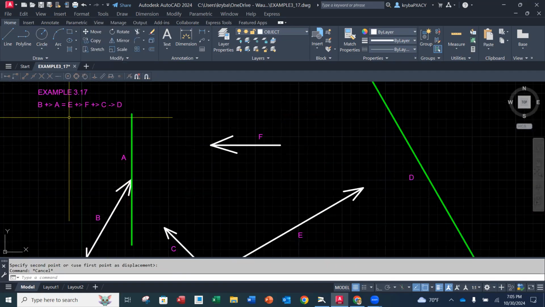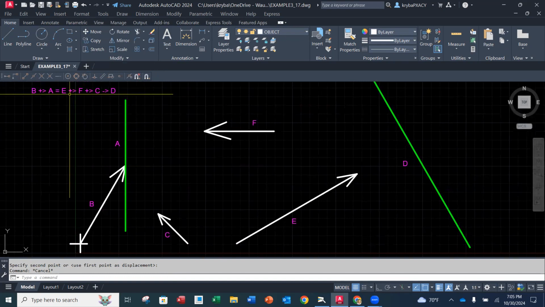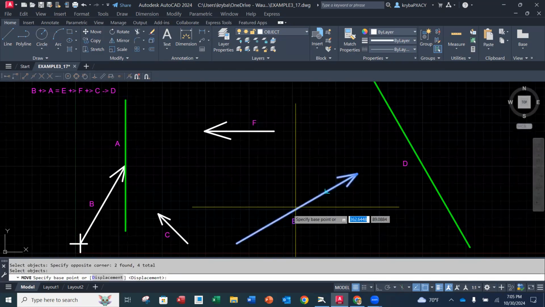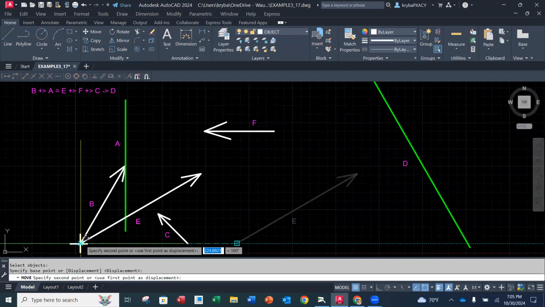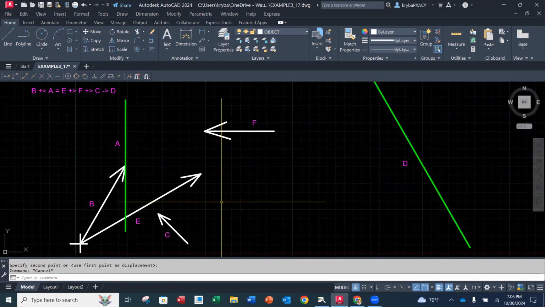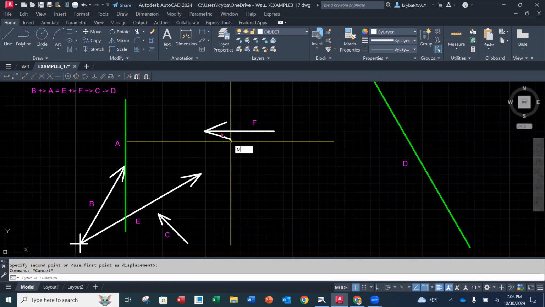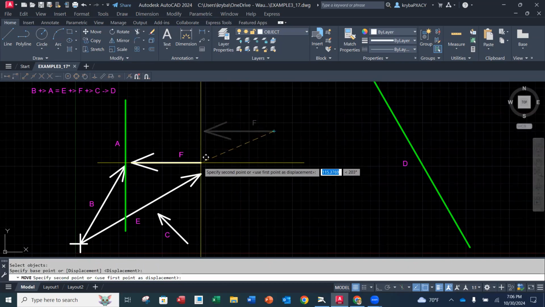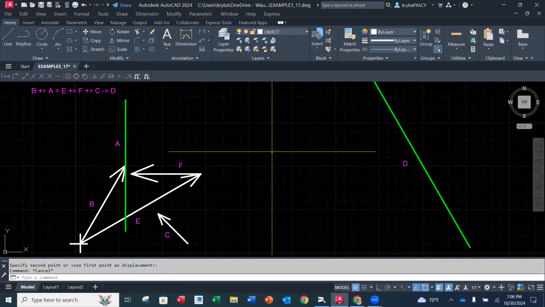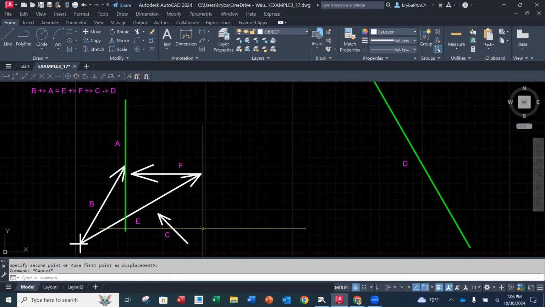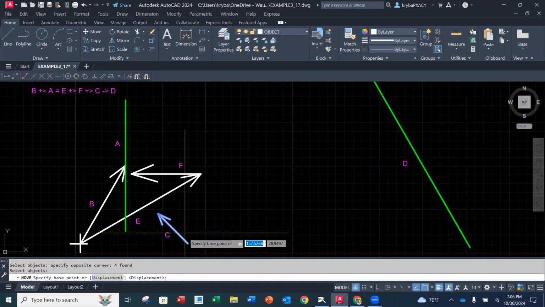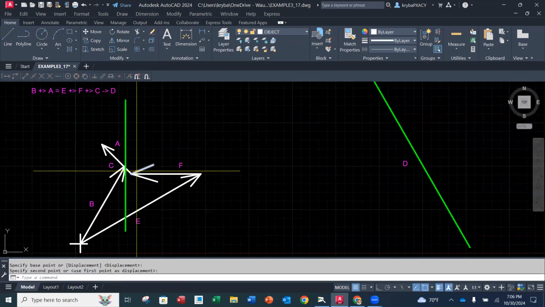Now I'm going to move to the other side of the equation. So that means E's tail is going to start at my origin. So I'm going to move E. Its tail is going to go to our origin. All right. Then on the end point of E, I'm going to add F. So I'm going to move F. Its tail is going to go to the tip of E. Then I'm going to add C to that. So I'm going to grab that and put this here.